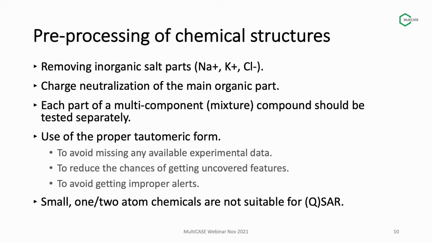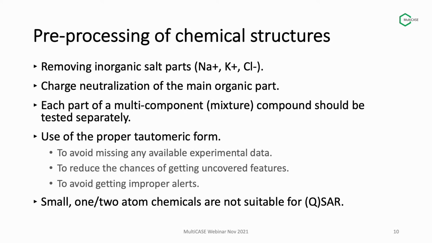And use of proper tautomeric form. So, as you know, in organic chemistry, a compound can be present in different forms, and each form looks different. They have a different structural representation, and it is important to use a proper tautomeric form in order to get proper results.